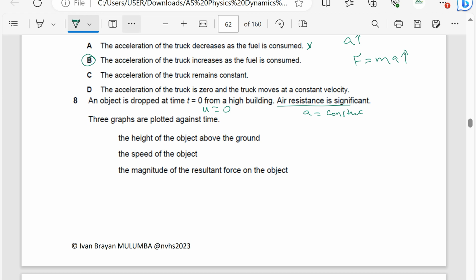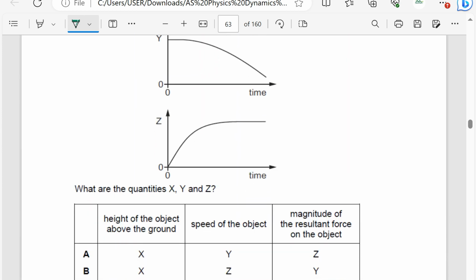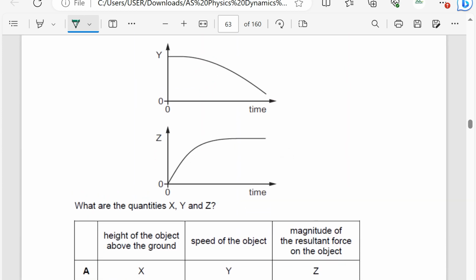Oh, sorry. Acceleration is not constant. Air resistance is significant. So velocity tends to a constant value when acceleration becomes 0. So the graph should become horizontal. So let's see, a graph becoming horizontal is this one. So z is most likely going to be velocity.